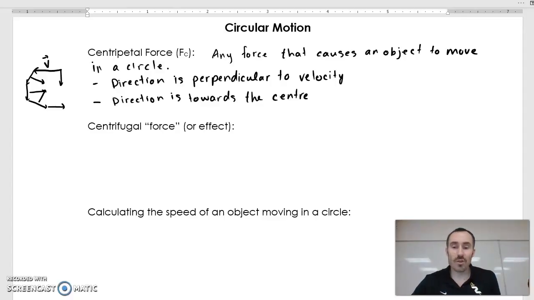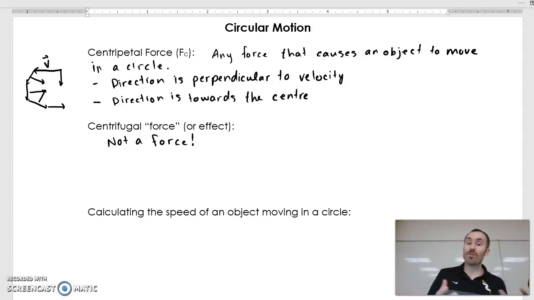The centrifugal force is not a real force. Centrifugal force is the feeling you get when you are moving in a circle of being thrown to the outside of the circle. So you can think of yourself in a car that's going around a curve really, really fast.